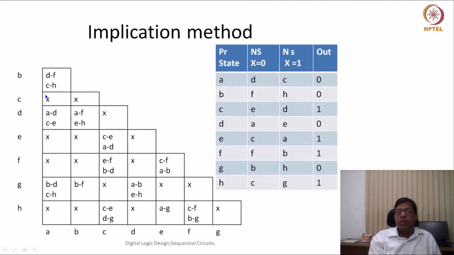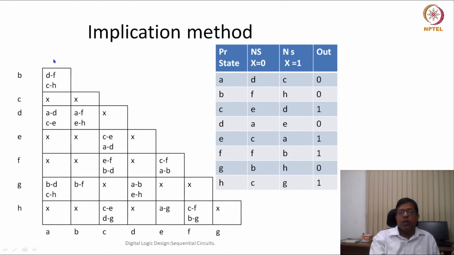Now similarly, we put all the possibilities, all the pairs, and see whether they could be equivalent or not. Because A is equivalent to B if B is also equivalent to A, this particular matrix will become a lower triangular matrix.